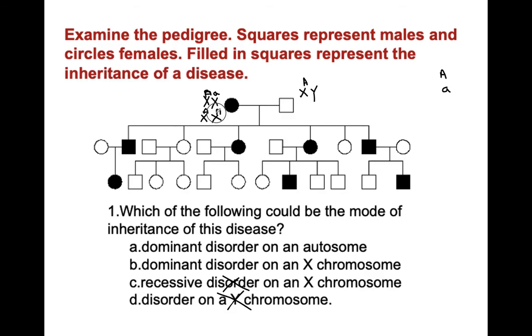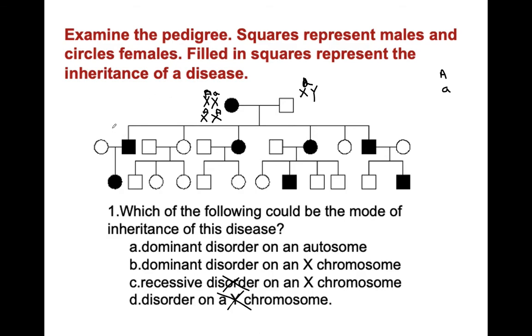Must carry at least one dominant allele, and anyone who's showing the recessive trait, which is normal in this case, would have a recessive allele. Okay? So can we find in their children any evidence to rule out dominance?